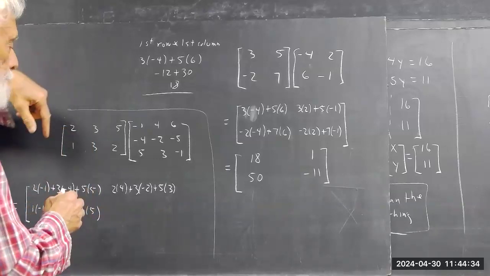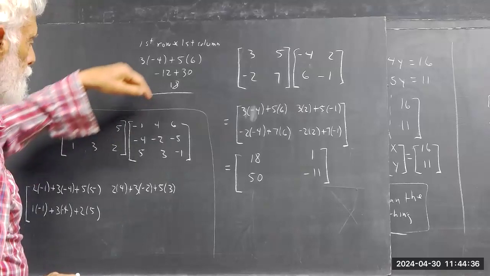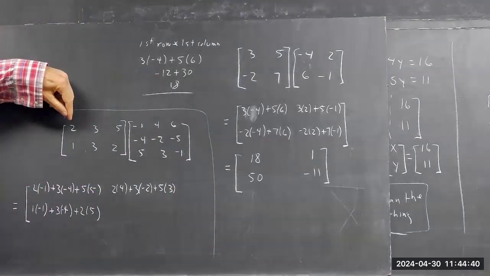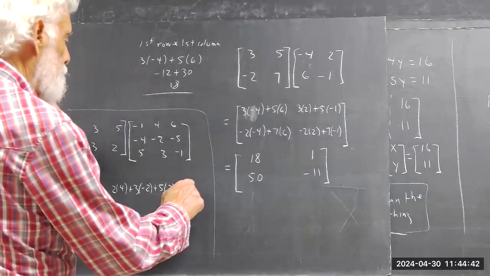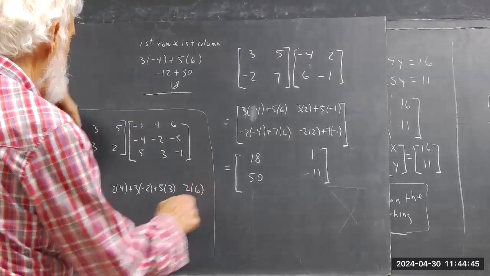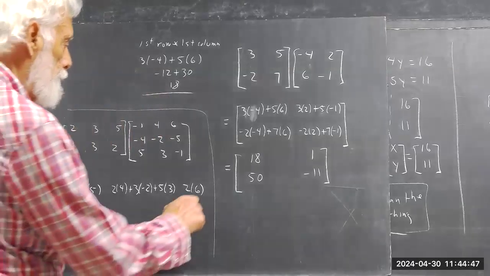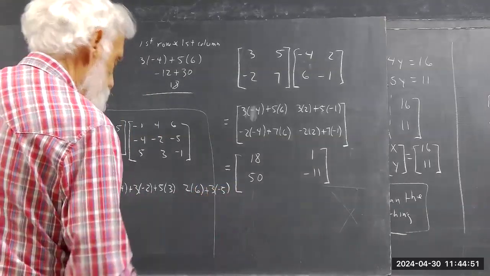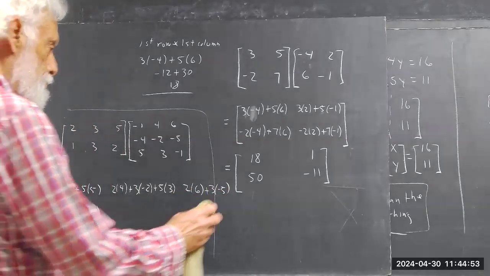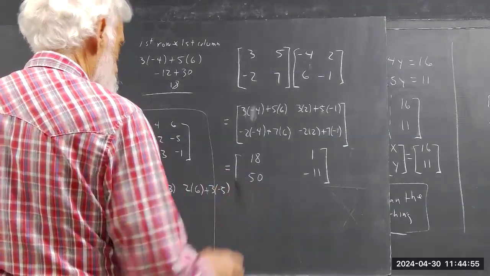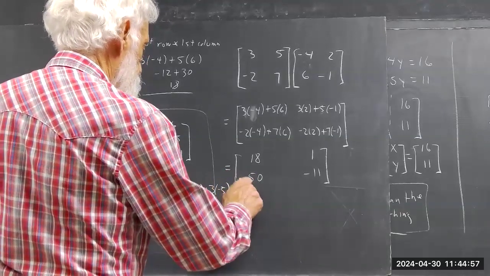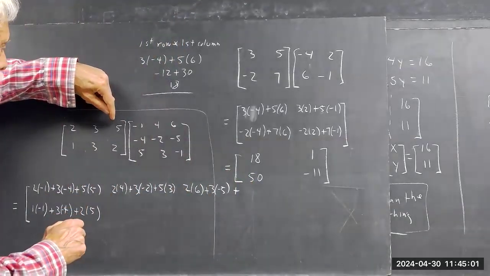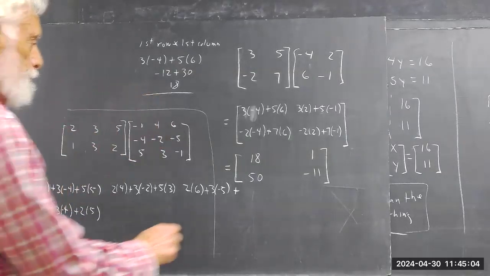Then I'm going to do the first row by the third column, so I'll be done with the first row. So it's going to be 2 times 6, and then 3 times -5. Make that bracket a little bit shorter, to give myself room to write the last part, which would be 5 times -1.